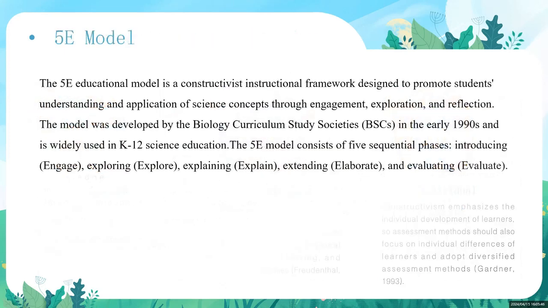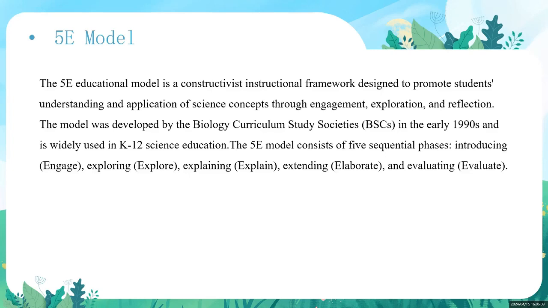Then the method of implementation, the 5E model. The 5E education model is a constructivist instruction framework designed to promote students' understanding and application of science concepts through engagement, exploration, and reflection.